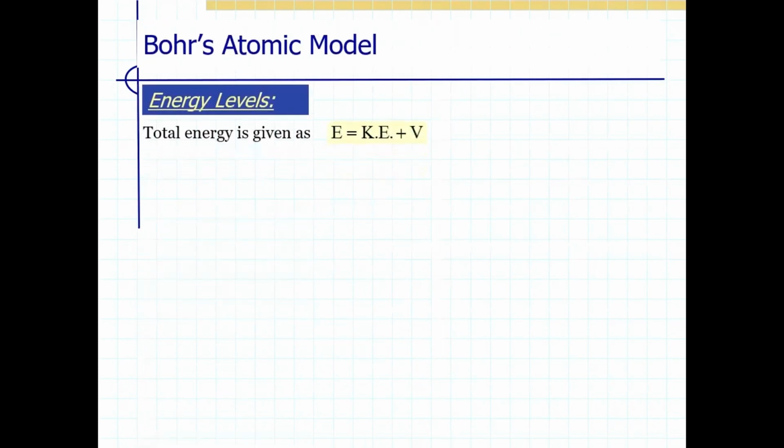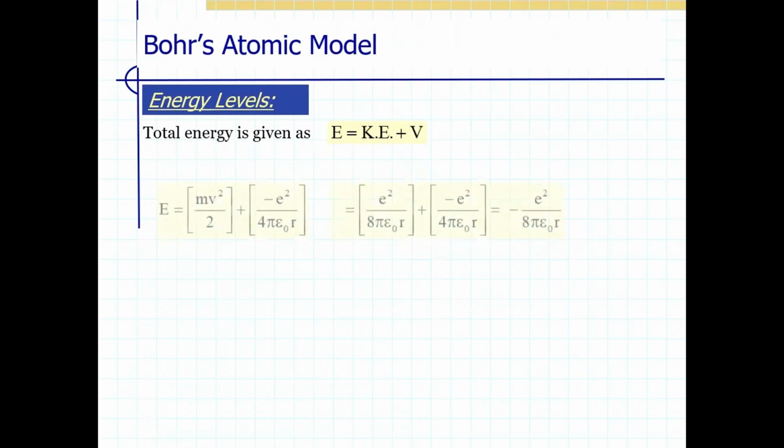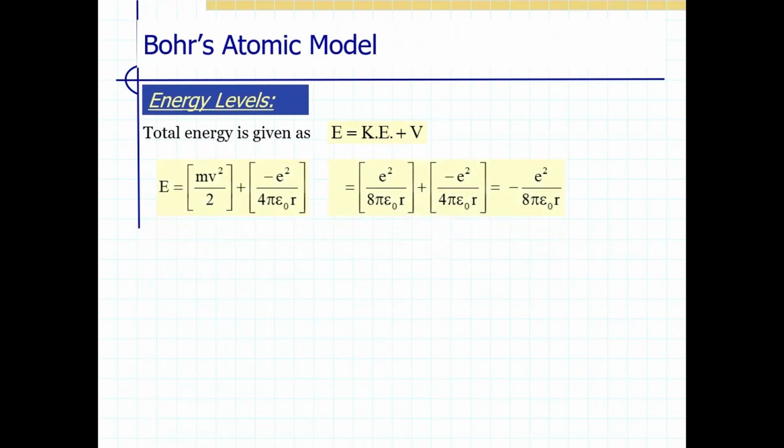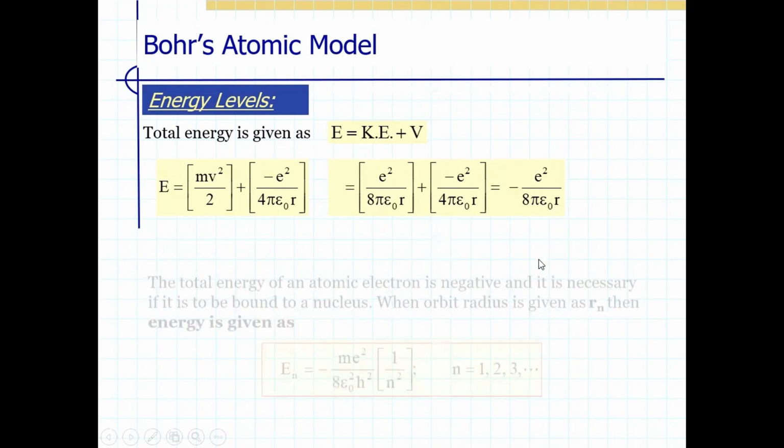Now let's talk about the energy levels. The total energy is the sum of the kinetic energy and the potential energy, and this value is minus e square divided by 8 pi epsilon naught times r.